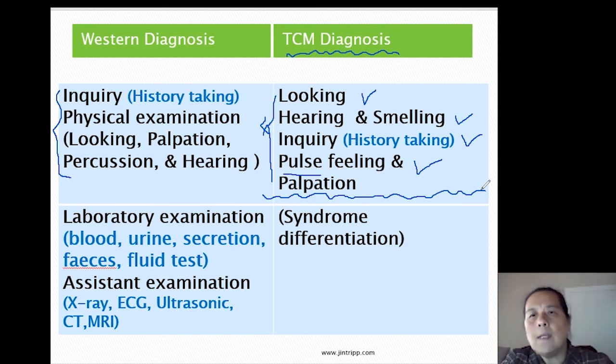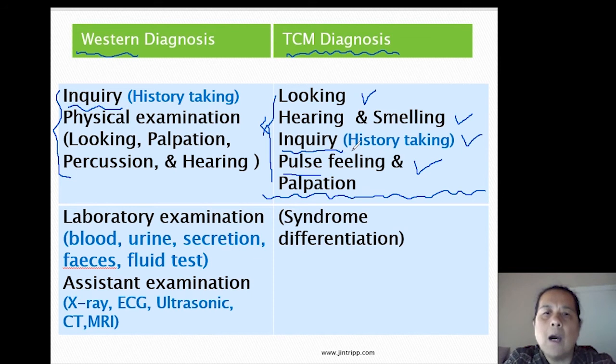So what's the Western medicine diagnosis? Basically, we do the same thing. Maybe we just put the order a little bit differently. We still ask questions, inquiring.